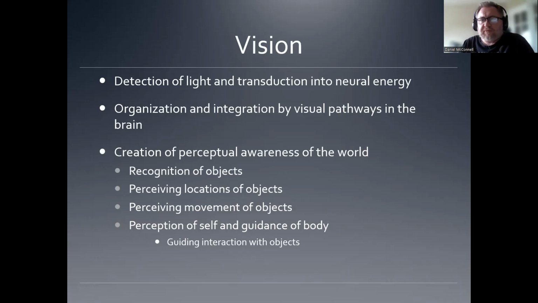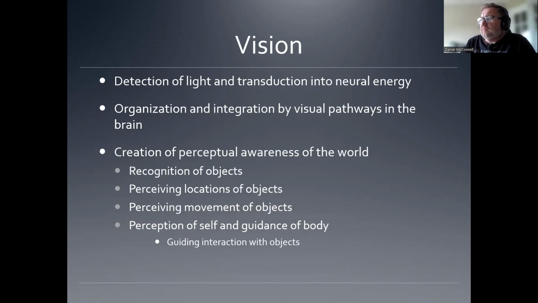Hearing responds to the pressure waves generated by a sound producing event and transduces that into nerve energy as well. The sense of touch responds to mechanical energy, pressure on the skin, and transduces that into neural energy also. So in each one of these cases, we're going to talk about the actual point of transduction, but then what happens when that signal is transmitted further into the brain to enable further processing.